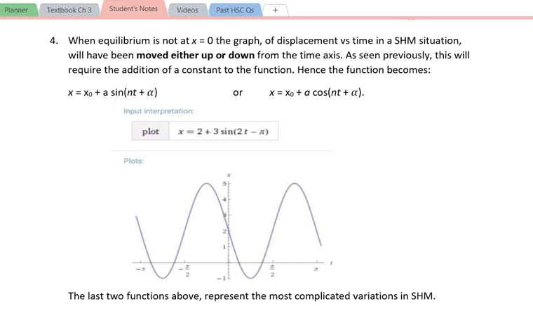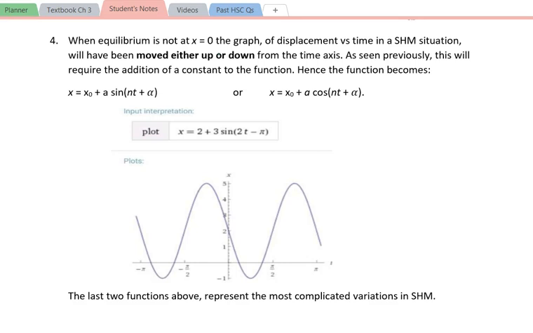And then finally, when equilibrium is not at what we want to call x equal to 0. You might wonder why you wouldn't, but you'll see some examples later where you can't adjust. There is a most convenient place to set displacement equal to 0, but then you realise that equilibrium in that particular example won't be at x equal to 0.